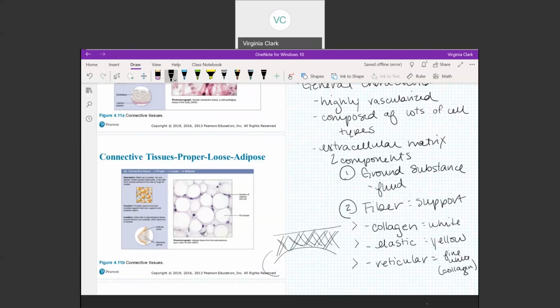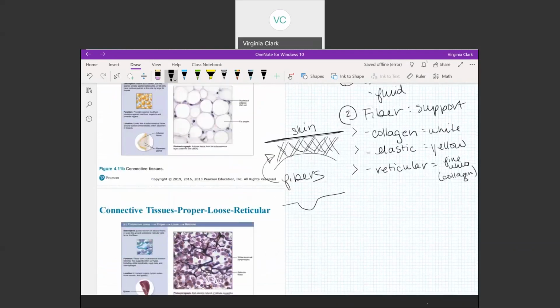This support is actually going to be your fibers, where if this is the road on top, this is actually going to be your skin. So you want a very smooth road. You don't want a bumpy road. So you want to make sure that your fibers, collagen, elastic, and reticulin, are where they're supposed to be. Otherwise, if you don't have those fibers, your bridge will collapse. And that is actually where wrinkles come from. So just a fun fact of the day on how all of that comes together.